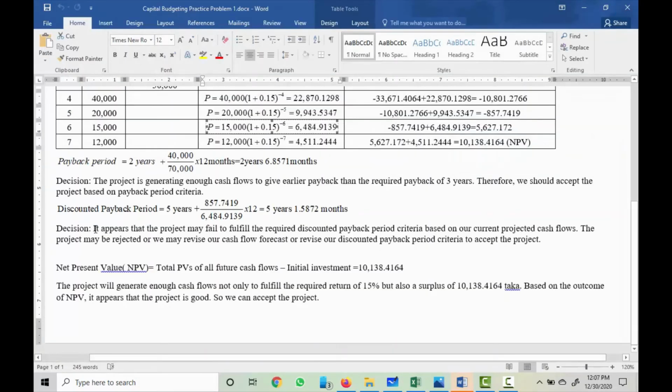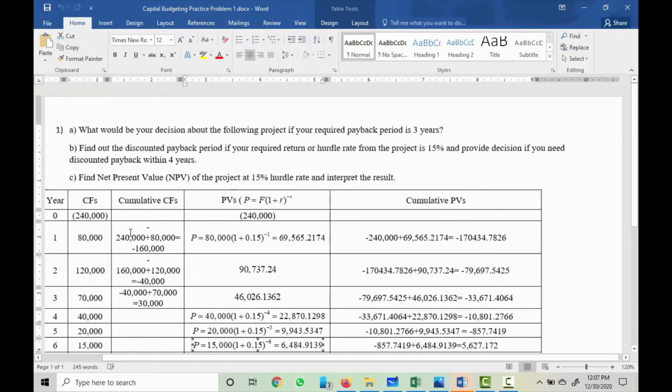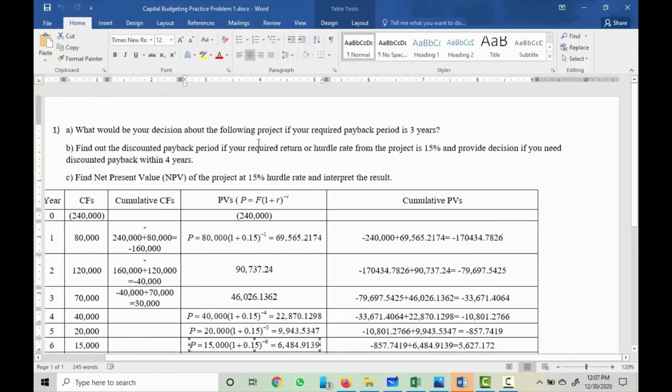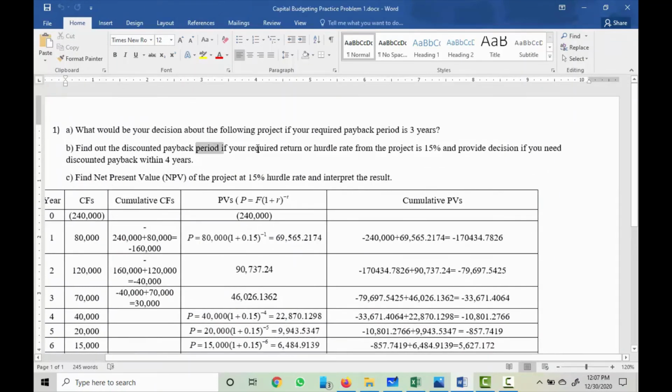Now the decision. The question said to find out the discounted payback period if your required return or hurdle rate from the project is 15%. We have calculated the present values using the 15% hurdle rate, and now it's asking for a decision if you need the discounted payback period within 4 years.